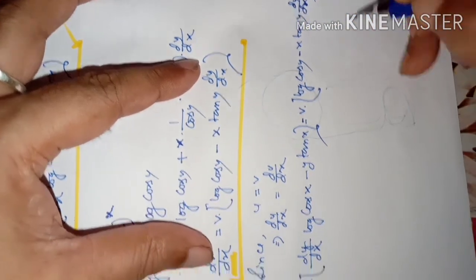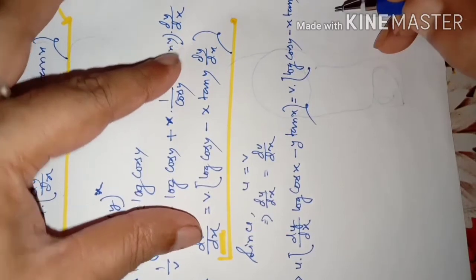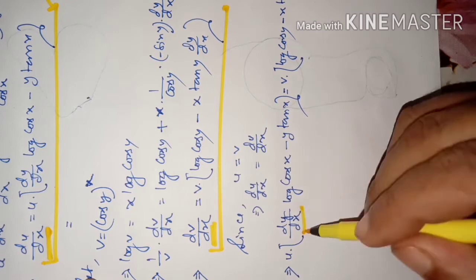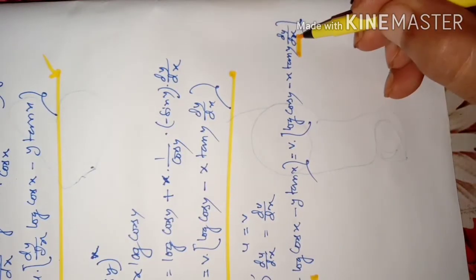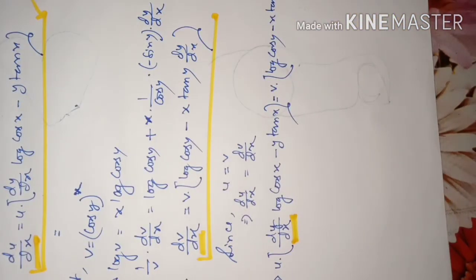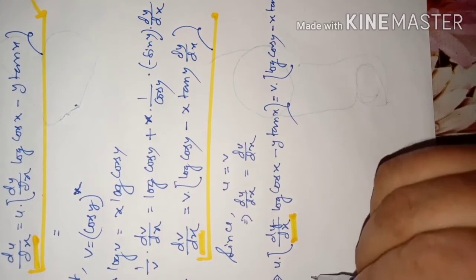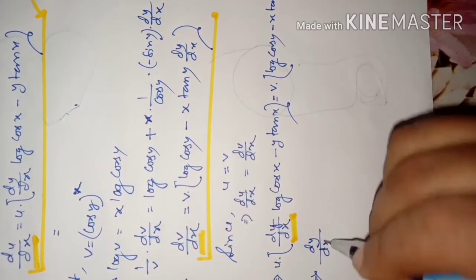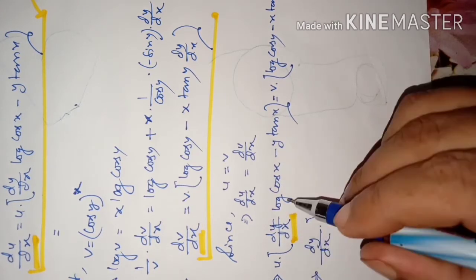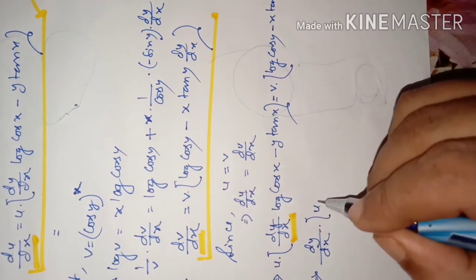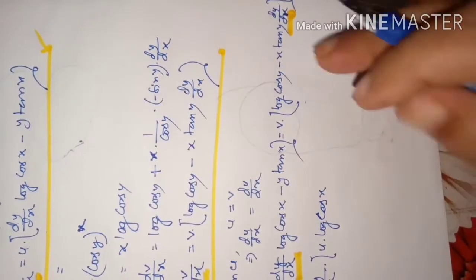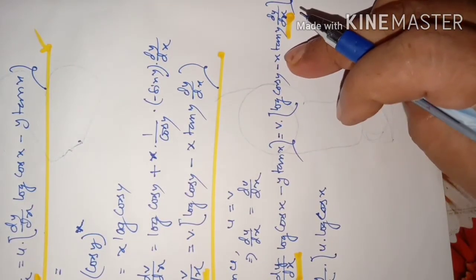Okay, students? So now from here we will take dy by dx as a common factor. So dy by dx is here in this part and dy by dx is here. If we take dy by dx as a common factor, then it will be here u into log cos x, then v into x tan y.